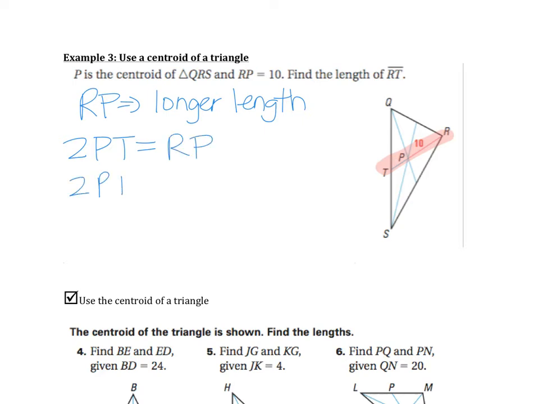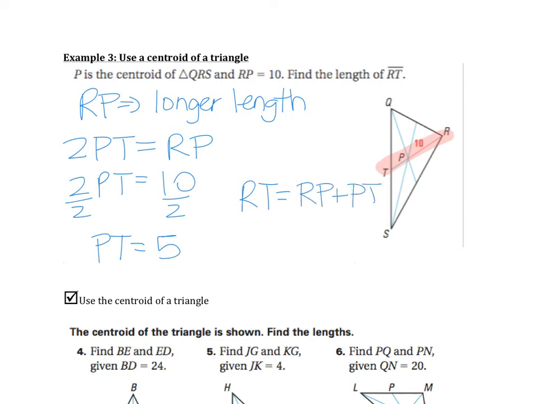So 2 times PT equals 10. Divide by 2, PT equals 5. The whole thing, RT, equals the two pieces added together. RP is 10, PT is 5, so RT equals 15.